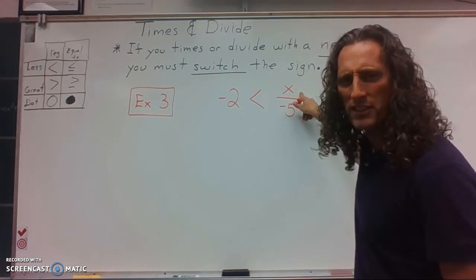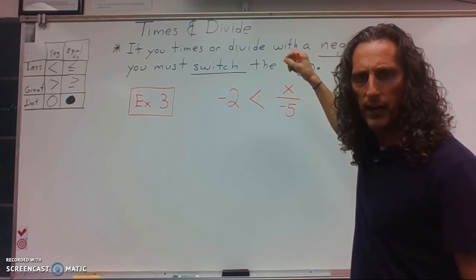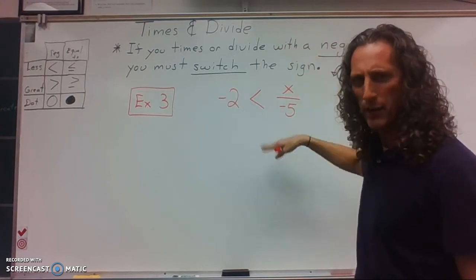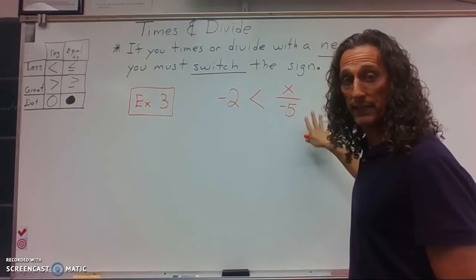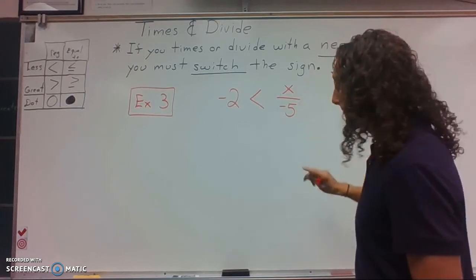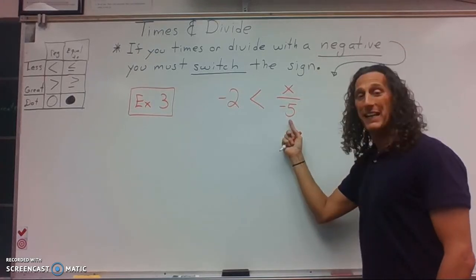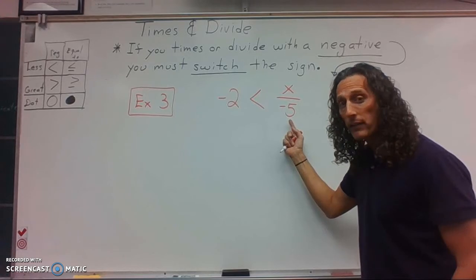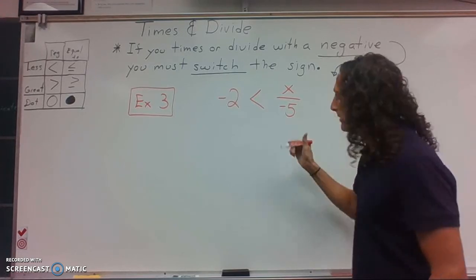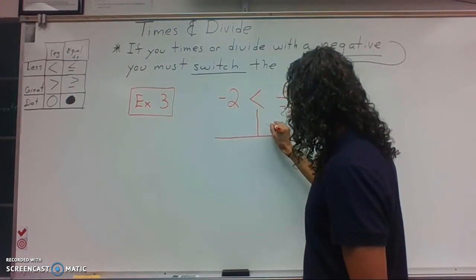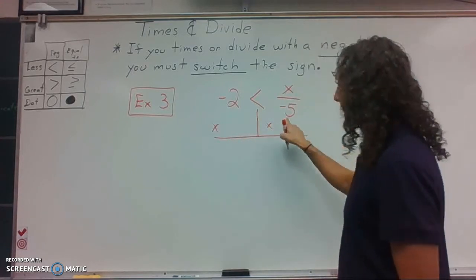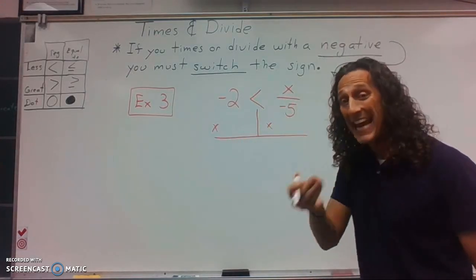Now, 2 things to notice. X is on the wrong side. We kind of went over that with the adding and subtracting, how it messes up the graphing a little bit. So we have x on the right-hand side, or it's on the wrong side, I like to say it. And it's being divided by a -5. So when I go to solve this one, I'm going to go times, but I have to times by a negative number.